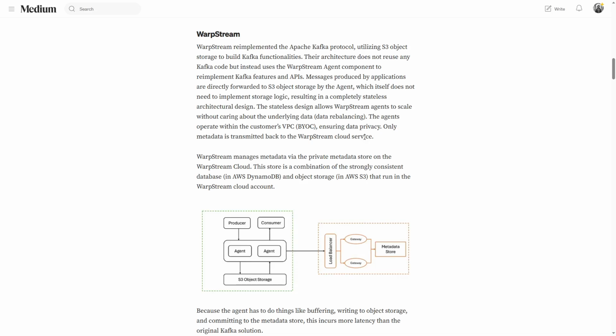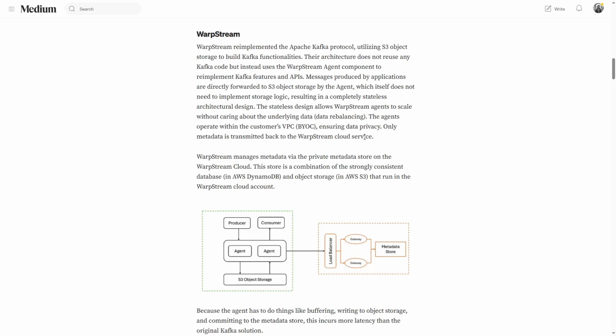They implemented the Kafka protocol, but they actually redesigned the whole Kafka architecture, and they introduced the concept of WarpStream agents, which were stateless, and they used to do the producing and consuming of the data. The producers and consumers will talk to agents. This is not an AI agent or something. It is just an agent, which is basically a new name for the brokers.